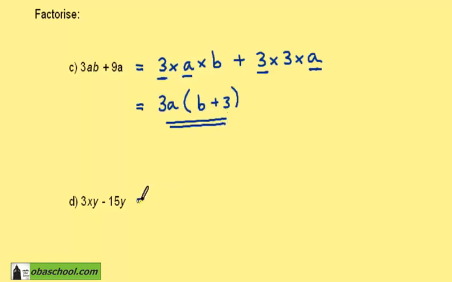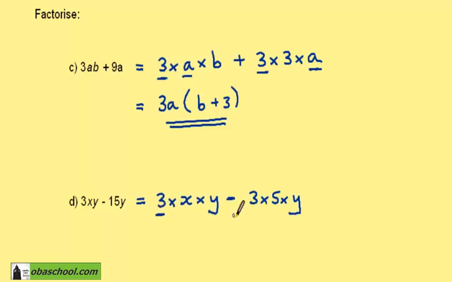Three xy take away 15y. 3xy can be written as 3 times x times y. We then have the minus sign, and 15y could be written as 3 times 5, giving us the 15 times y.